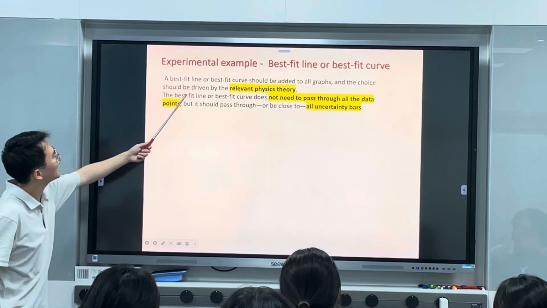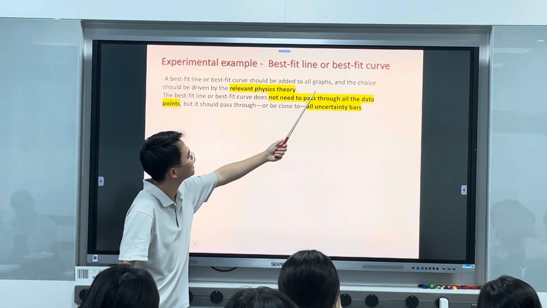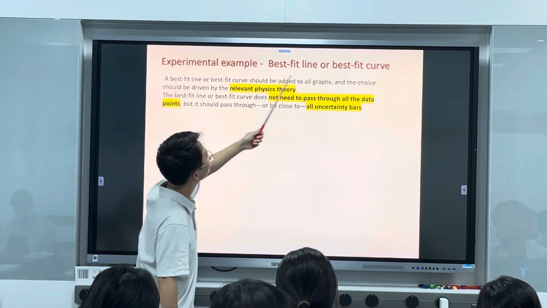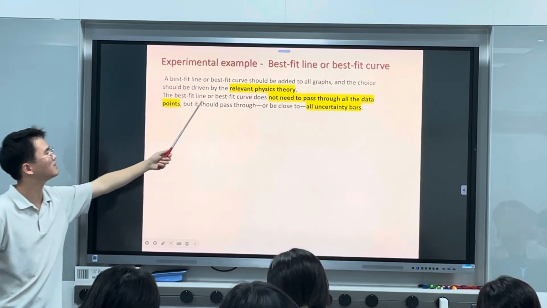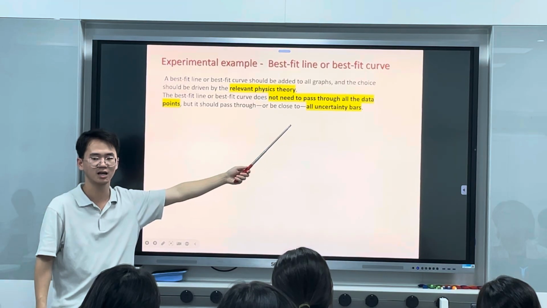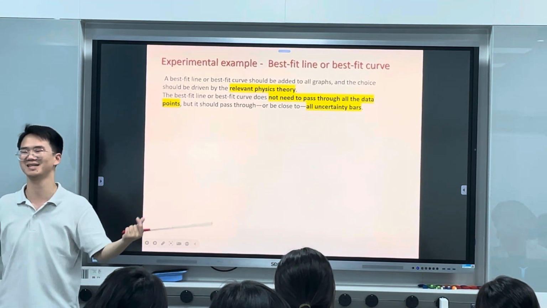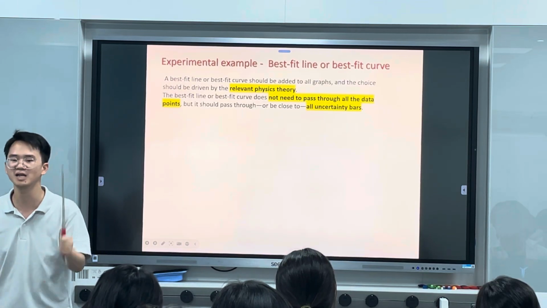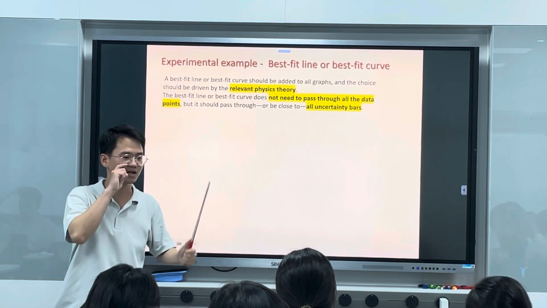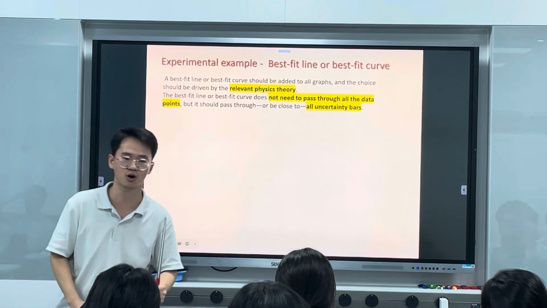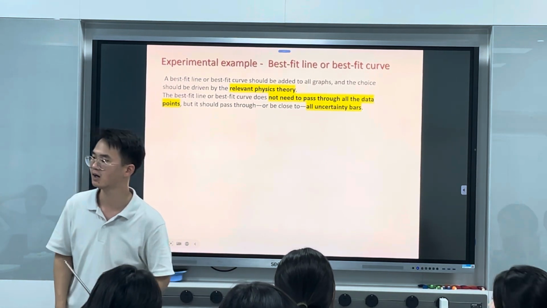So a best fit line or best fit curve should be added to all graphs. All graphs. And the choice should be driven by the relevant physics theory. Which best fit line should you pick? There could be multiple lines to fit the trend, but you need to have a relevant physics theory to explain it, to support your choice. Am I clear?